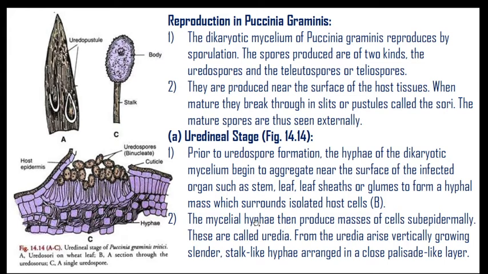The mycelium hyphae then produce a mass of cells subepidermally. These are called uredia, meaning this complete structure is called uredia, and a single spore is called a uredospore. From the uredia arise vertically growing cylindrical stalk-like hyphae arranged in a close palisade-like layer. So these are long elongated palisade cells.